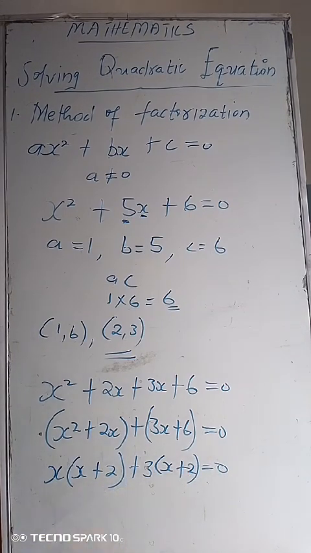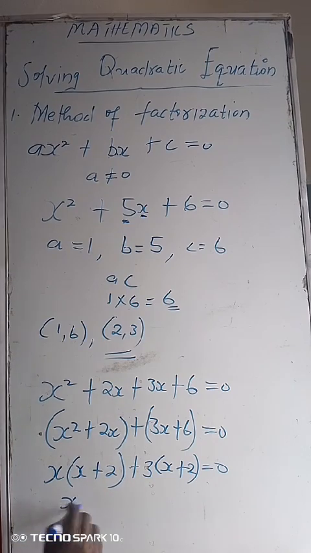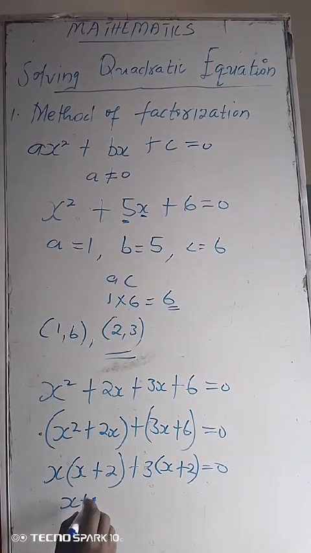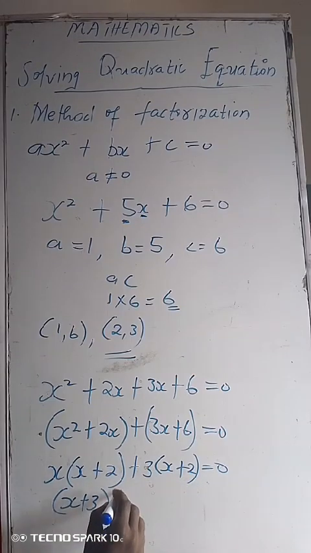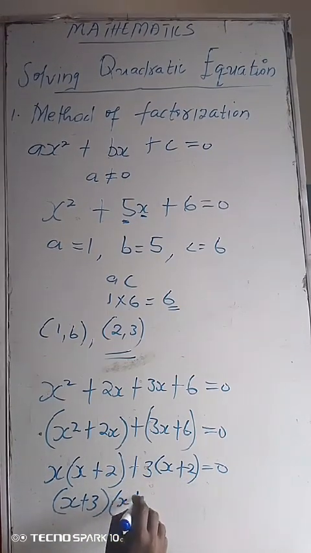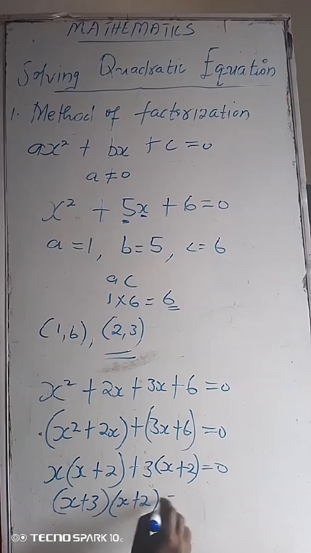Now look at it, something is happening inside the bracket. They are the same. That is how it's supposed to be. A situation whereby they are not the same means something is wrong somewhere, so you have to look at it again. Now that they are the same, we can easily do the grouping. So x plus 3 in one bracket, and the common x plus 2 in the other. x plus 3 times x plus 2 is equals to 0.